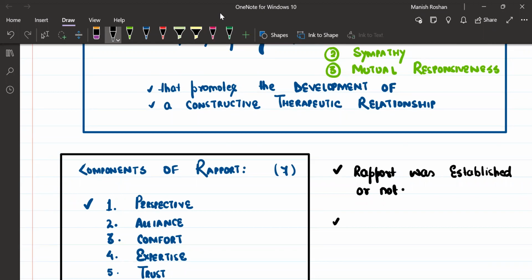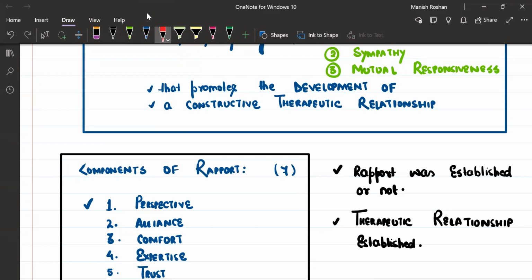So you can say that the rapport is in the process of development, however it has not been established. In that condition, you can use the term that therapeutic relationship has been established, however rapport has not been established. You can name it when the rapport has not been established, however the patient is available for interview and he is opening up to you.